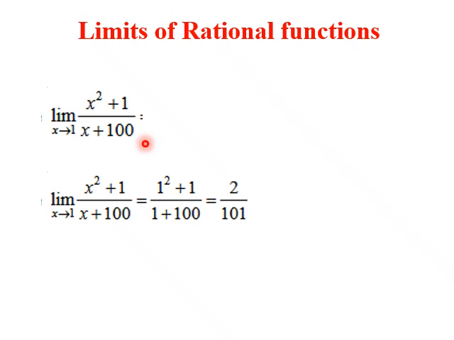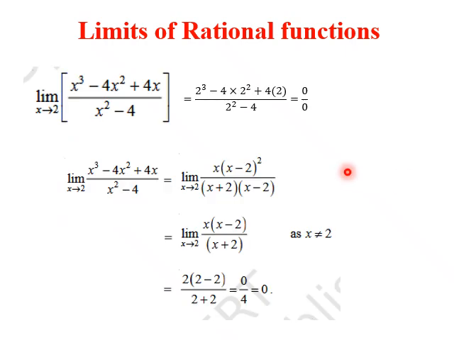If it comes in 0 by 0 form or 1 by 0 form, then it means the limit has to be computed. Let us put x equal to 1 here. 1 square plus 1 divided by 1 plus 100 will be 2 by 101. So we directly get the answer, which is not coming in any 0 by 0 or 1 by 0 form. So we get the answer directly as 2 by 101.